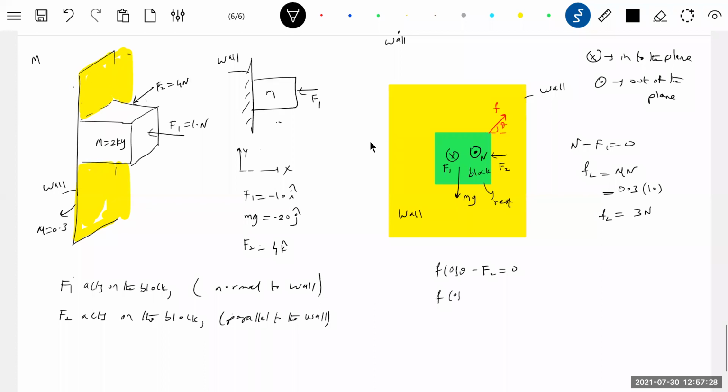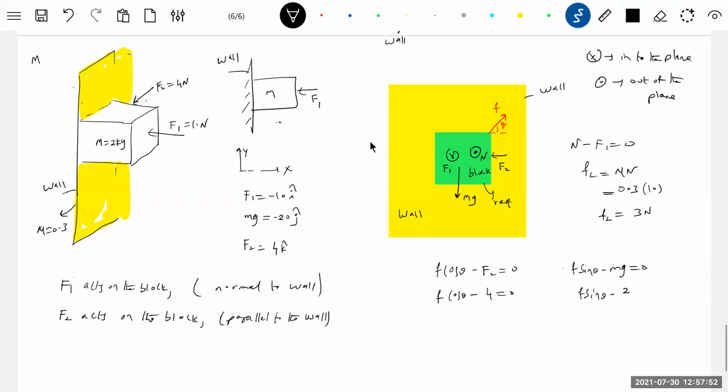What is F2? F2 is 4 Newton. Then along y-axis, mg minus f sine theta equals 0, or f sine theta minus mg equals 0. So do we know theta? No, we don't know theta also.